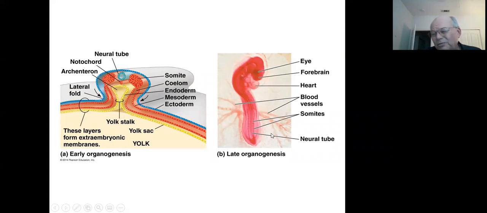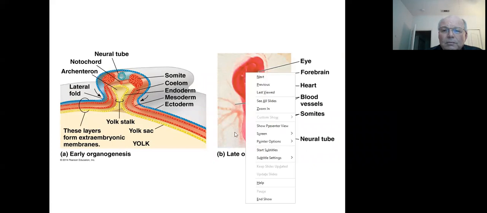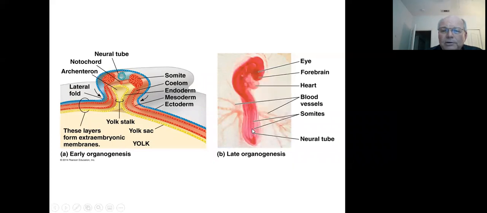And you can see some of the structures starting to form up here in the chick embryo. So this would probably be at around late organogenesis, this is probably going to be around 96 hours is what I'm going to guess. I don't know what the labeling is on this.